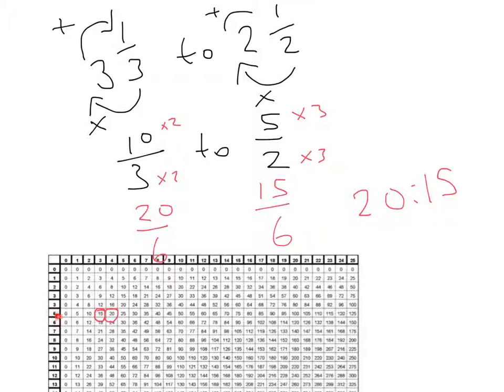That means that the number 5 will go into the 15 and the 20 equally. So we divide both sides by 5. So 20 divided by 5 equals 4. And 15 divided by 5 equals 3. So your final answer should be 4 to 3.